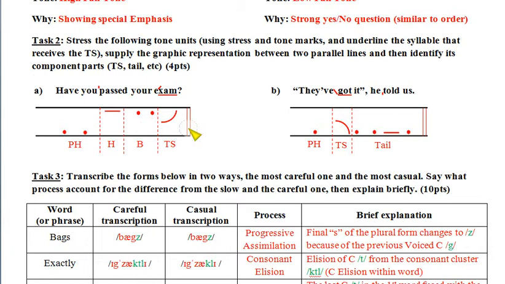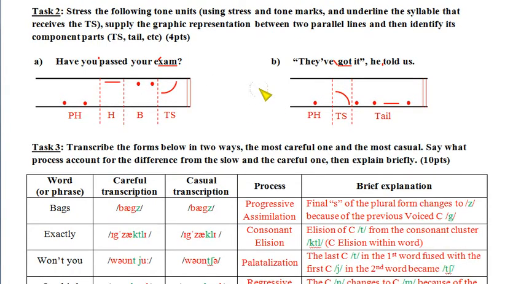We move to the second statement, which is, they've got it, he told us. Here it's a statement which is a reported direct speech. What is important is this statement, they've got it. The additional information is, he told us. So we look for the tonic syllable, which is got, the last lexical word in this statement.